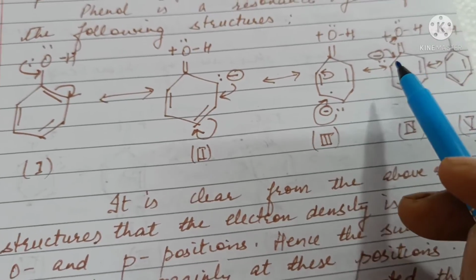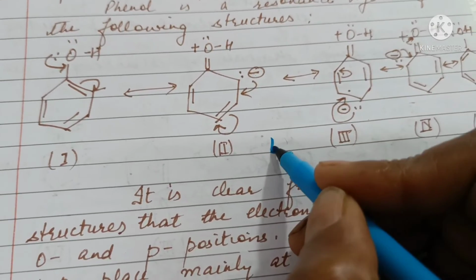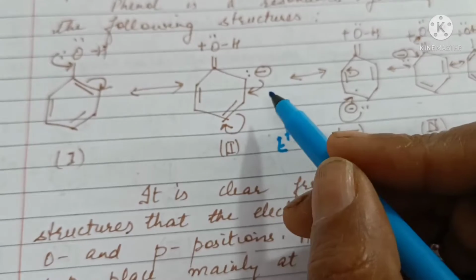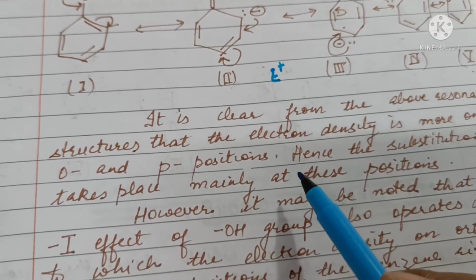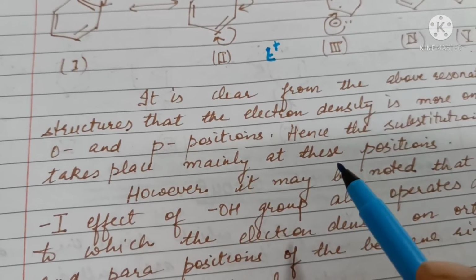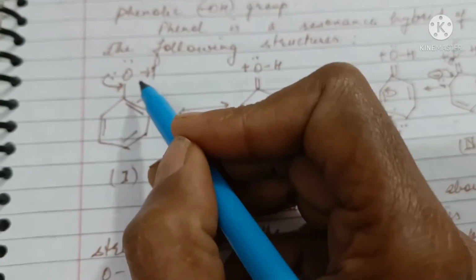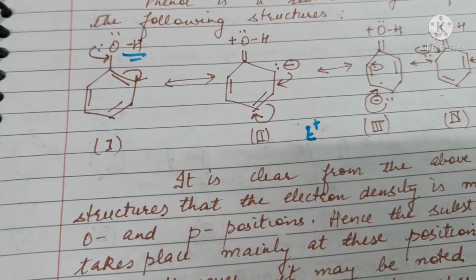So it's clear from the above structures that a positively charged electrophile will approach the sites of negative charges, that is ortho and para positions. So substitution takes place mainly at these positions. However, it may be noticed that the OH group otherwise has an electron withdrawing influence.